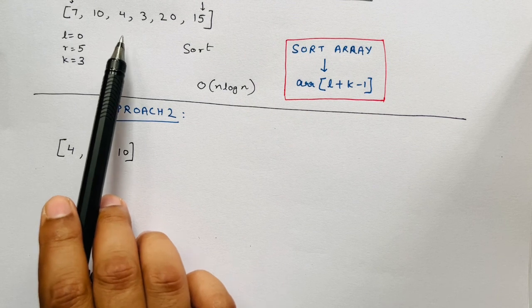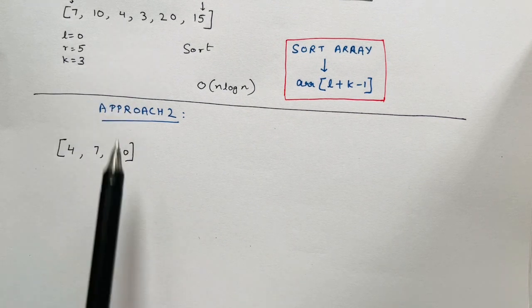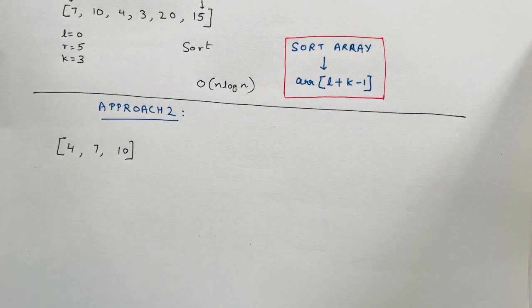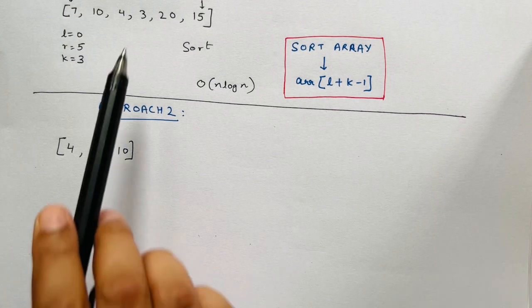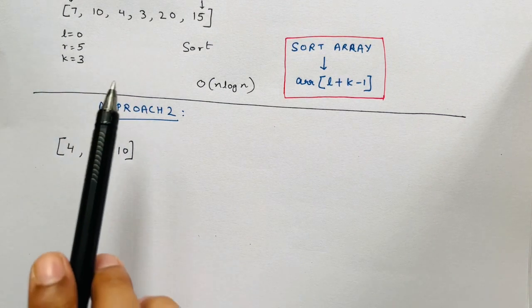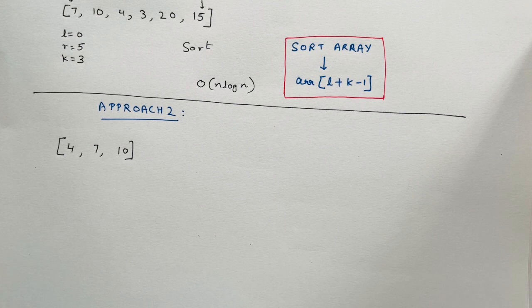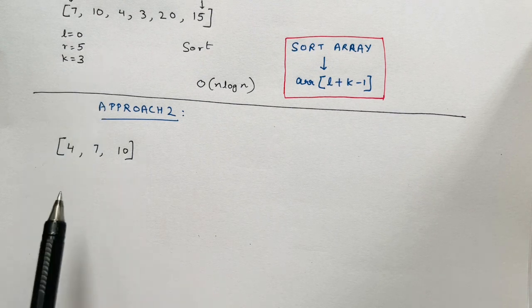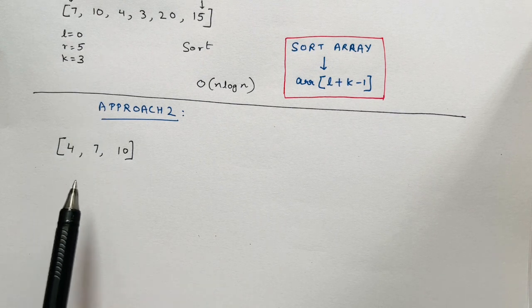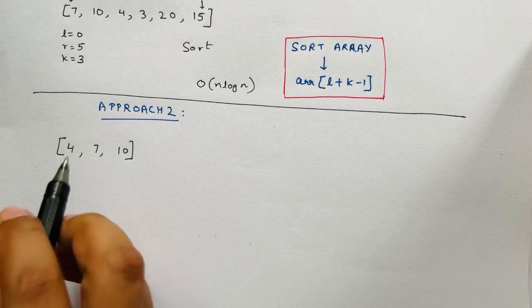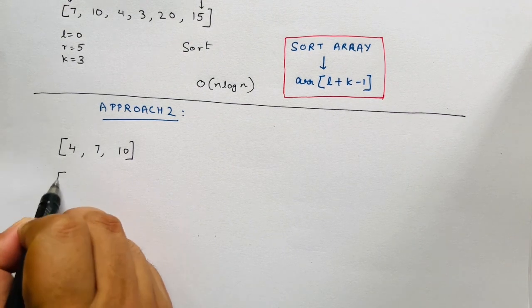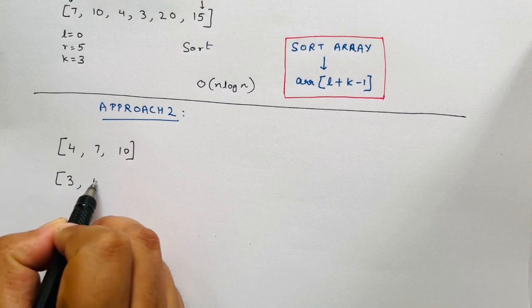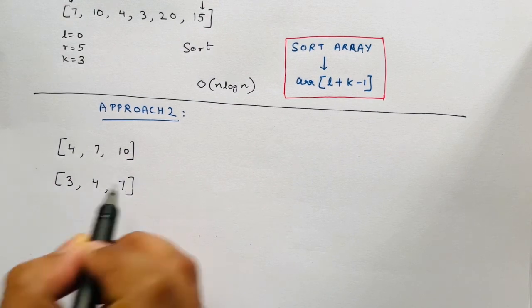Now let's see what we have to do when we move to the next element. The next element is 3. Now among the 4 elements, can 3 be part of this array? Yes, because 3 will be among the smallest k elements. So when we see 3, the new array will become 3, 4 and 7. 10 will go out.